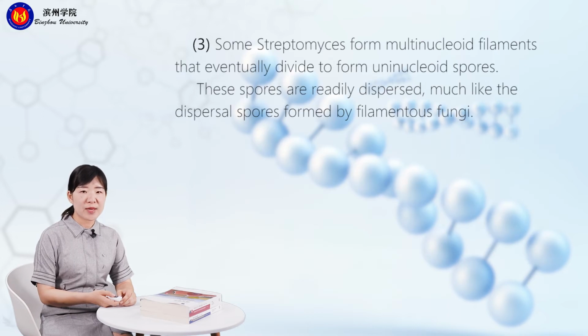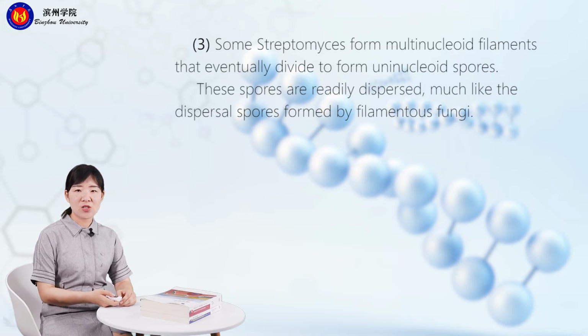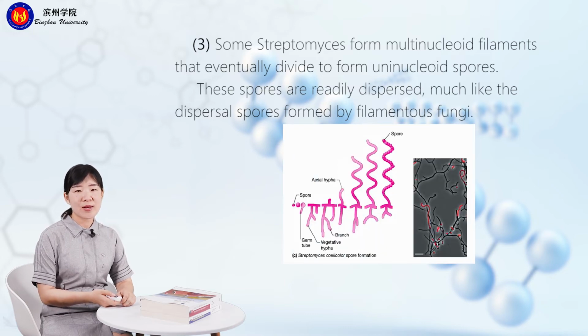Some Streptomyces form multinucleate filaments that eventually divide to form uninucleate spores. These spores are readily dispersed, much like the dispersal spores formed by filamentous fungi. Look at this picture.